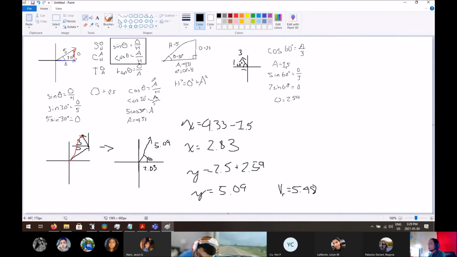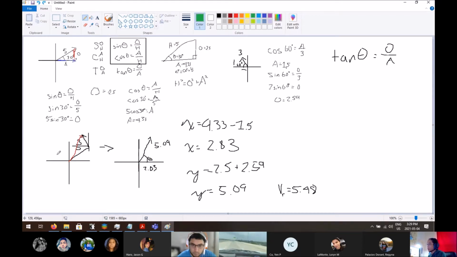You have this formula, tangent of theta is equal to O over A. You already have O and A. This is your theta right here. You have your opposite side, which is 5.09, and then your adjacent side, which is 2.83.